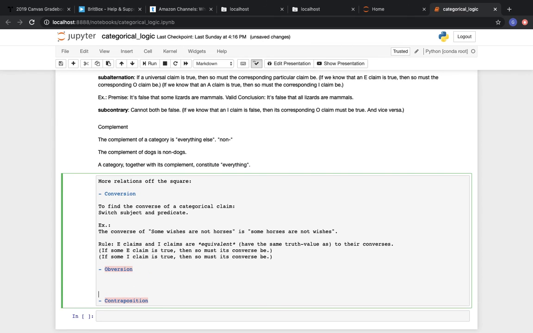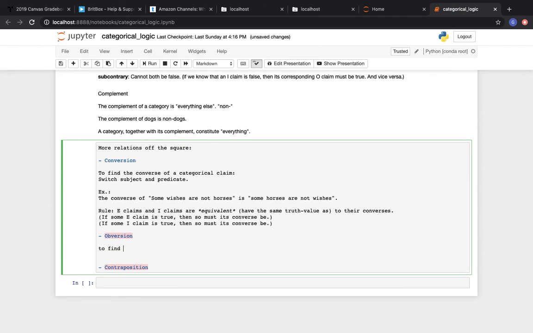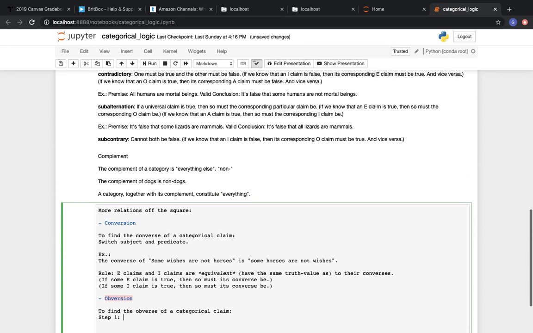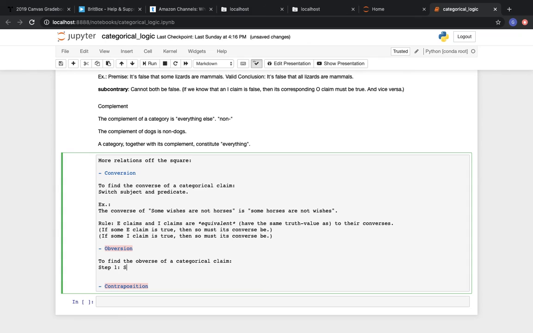Great. Let's now say a word about obversion. To find the obverse of a categorical claim, two steps. Step 1, switch the quality of the claim.